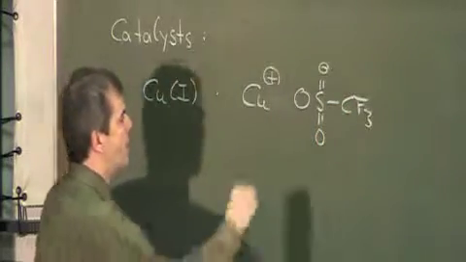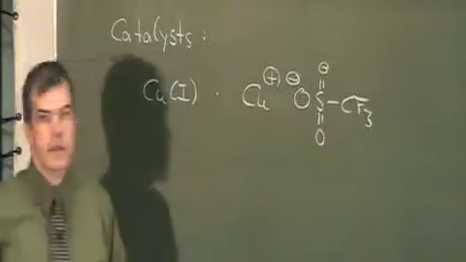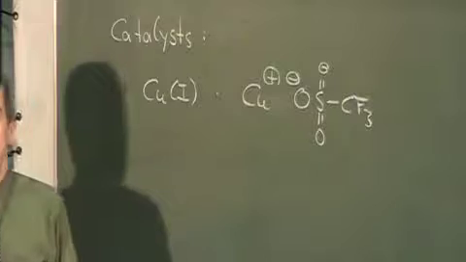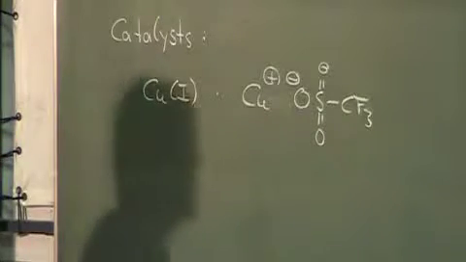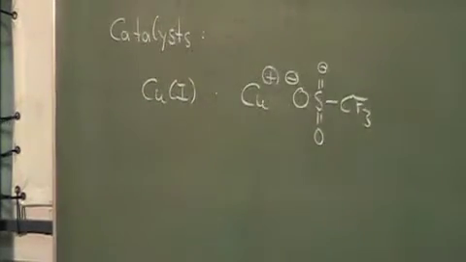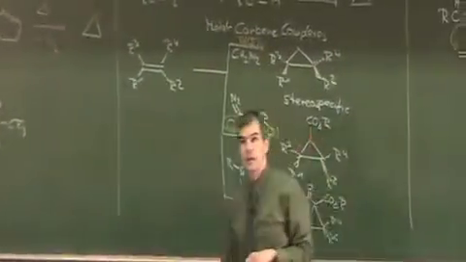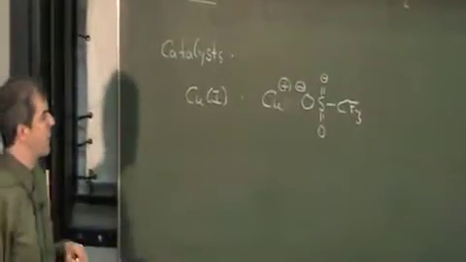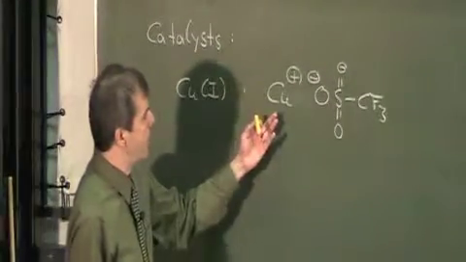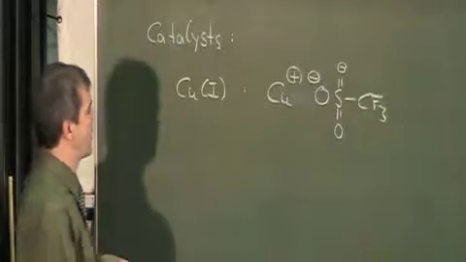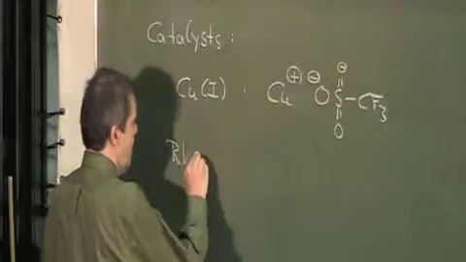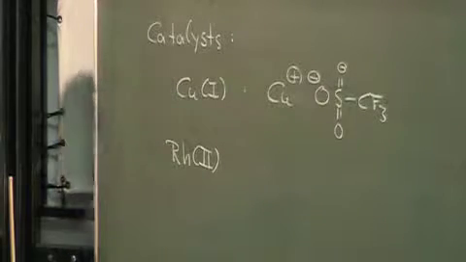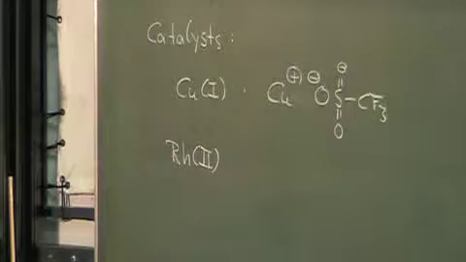So the salt from trifluorosulfonic acid gives a copper 1 source which has a very labile ligand, so it can be displaced easily by other ligands such as chiral ligands here, and then also very easily the substrates will react with this. This is a very good source as a copper 1 salt. And for rhodium 2, there's also one complex readily available.